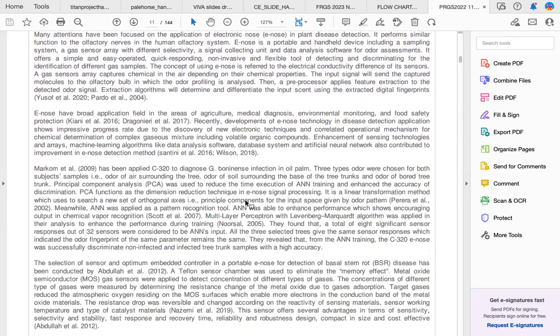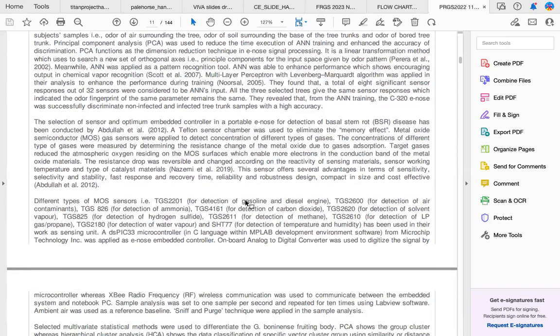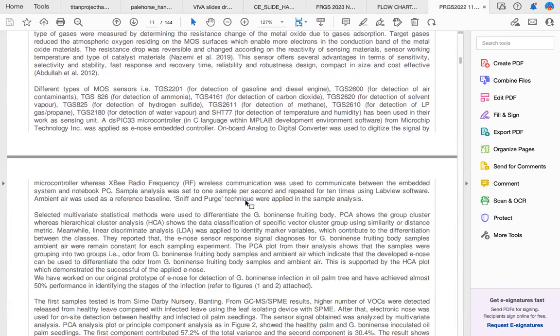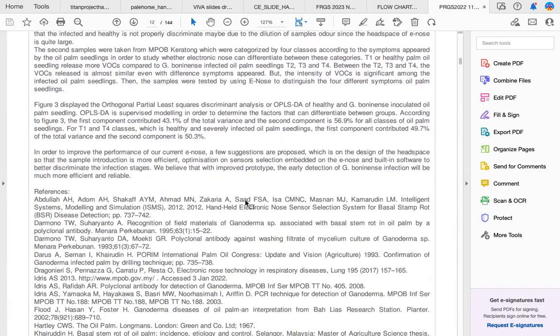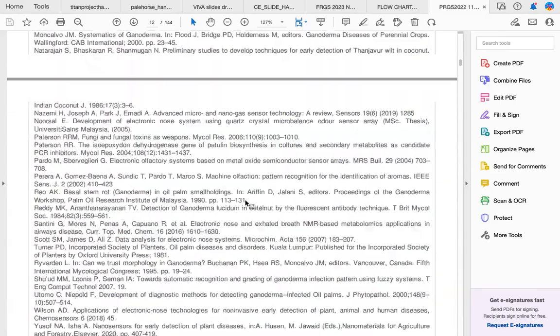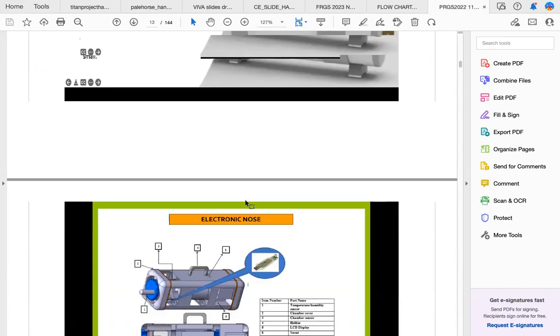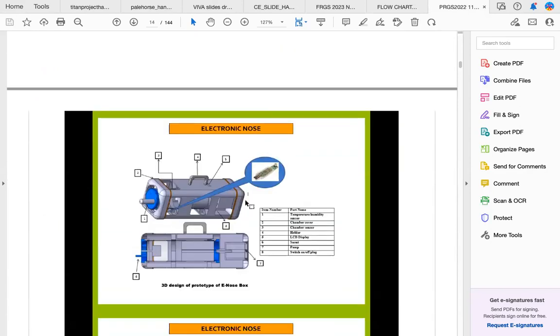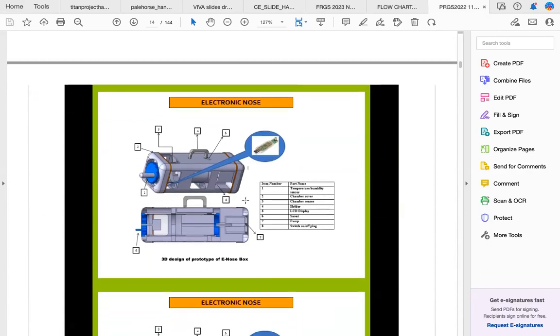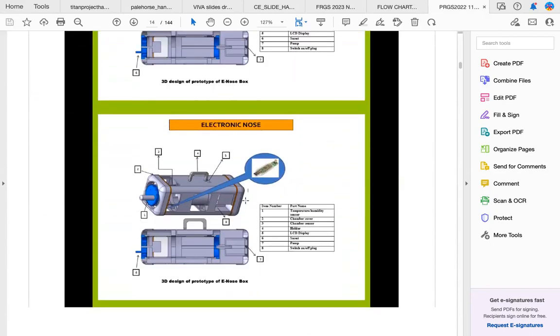And so I'm using ENOS information, references, and then some diagrams, very important because I'm doing a prototype. So I have to be very clear what prototype I want to develop.